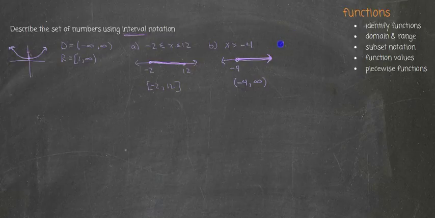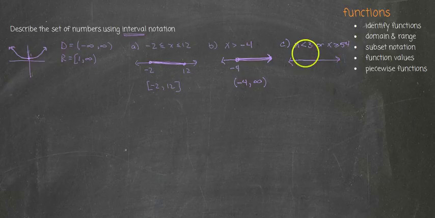Sometimes we have a situation where we're looking at more than one part, a broken part on the interval, or broken intervals on the number line. So x less than 3, or x is greater than or equal to 54. All right, so let's put our number line together. We're looking at 3 being a point of transition, right? One side, x values exist on one side but not the other.